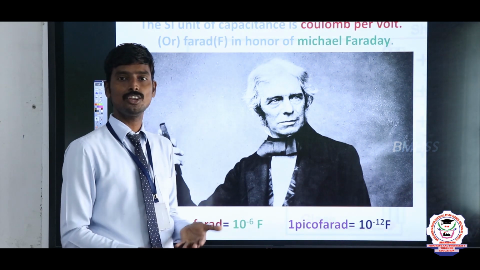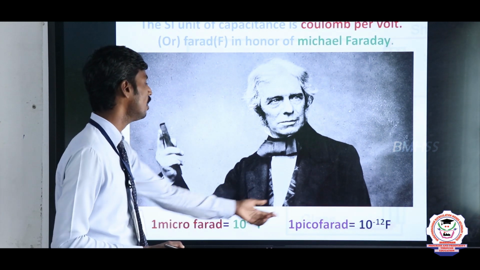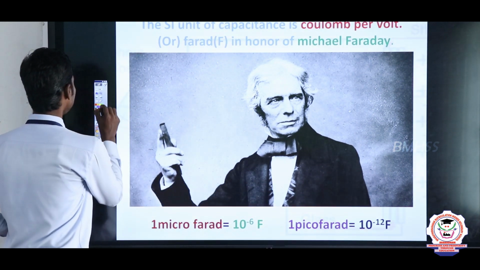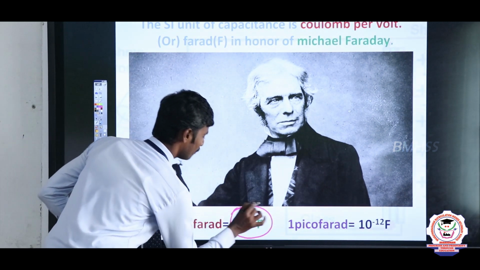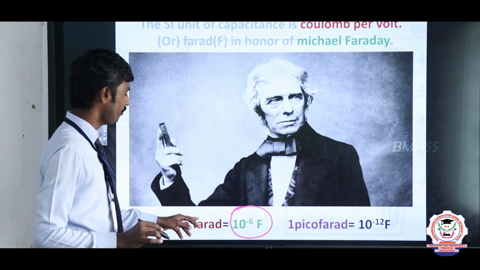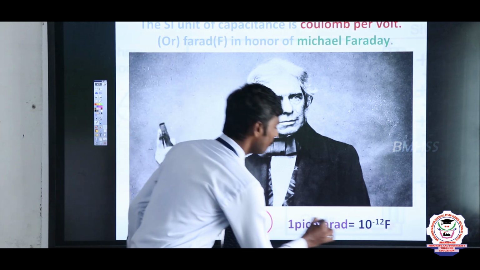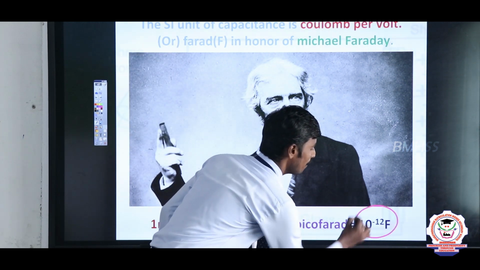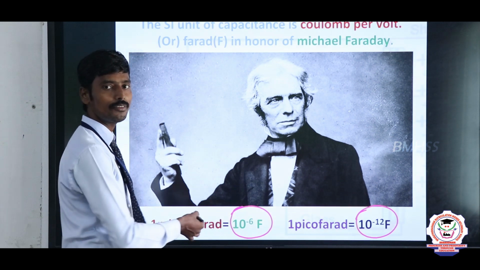Nowadays we use smaller units of capacitance, microfarad or picofarad. 1 microfarad equals 10 power minus 6 farad, and 1 picofarad equals 10 power minus 12 farad. So nowadays we use this type of capacitor only.